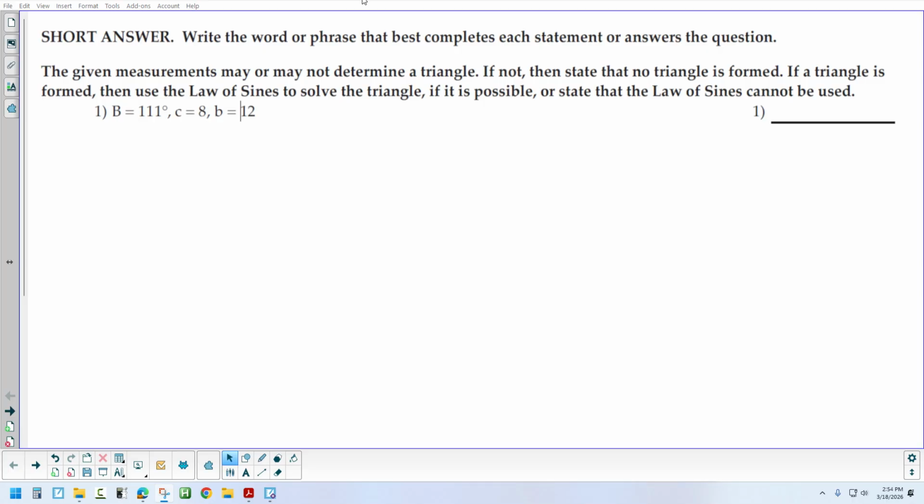All right, so first thing I'm going to do is call this beta, just so it's more in line with what we've done in class. I'm going to make a table. And how do we know from looking at this table if this is law of sines or law of cosines?